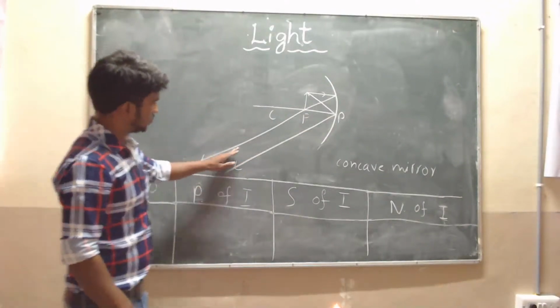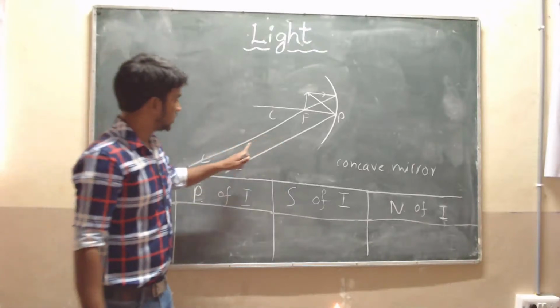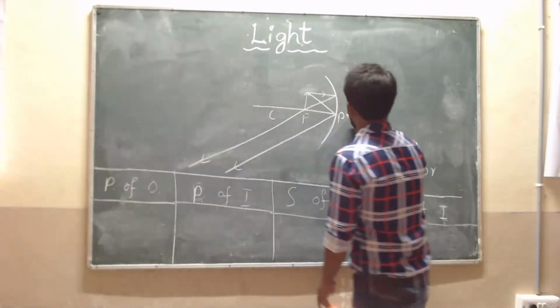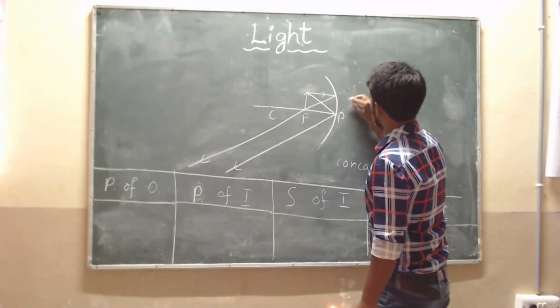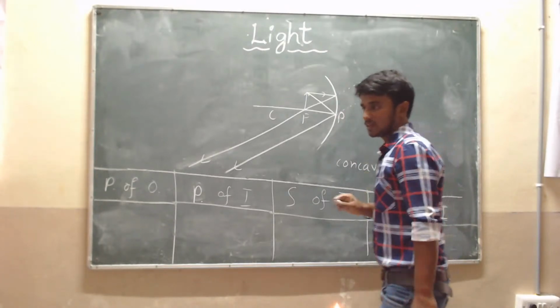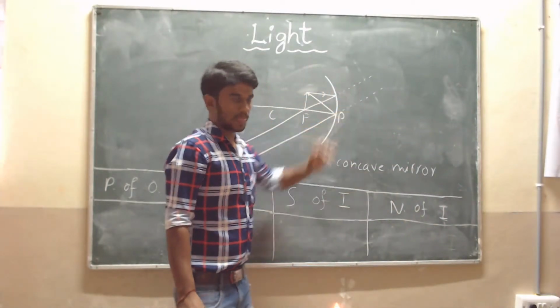Now these two reflected rays are parallel to each other, which means these two rays never meet at one point. So now extend this side, that is behind the mirror. So this side also, we call virtual rays. These two virtual reflected rays are not meeting. Why? Because both the rays are parallel to each other.